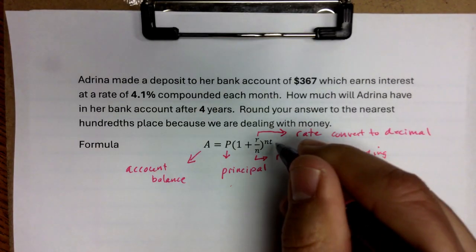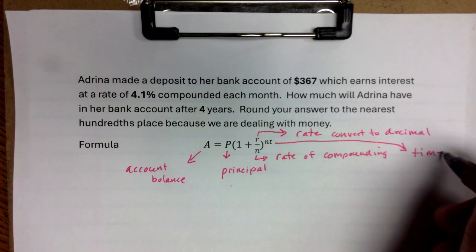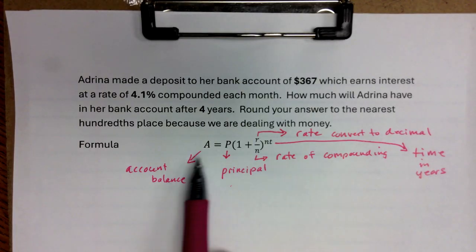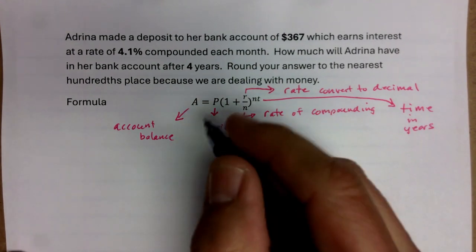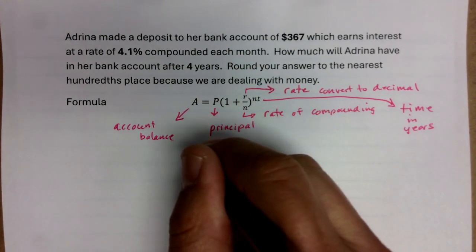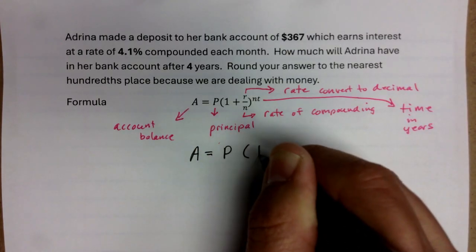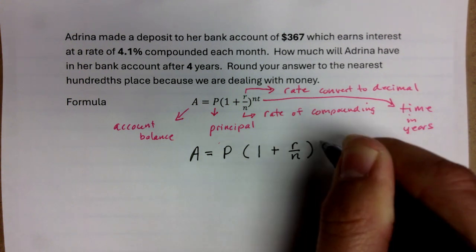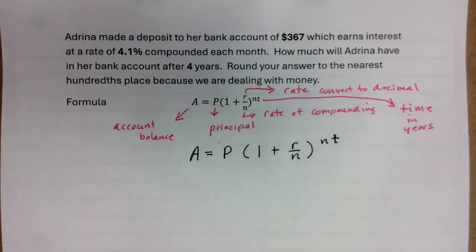And then the T stands for time in years. So we're going to get all this information from this story, put these values into our formula, and solve it. So I'm going to write this out real quick. Again, A equals P times 1 plus R over N to the power of N times T.